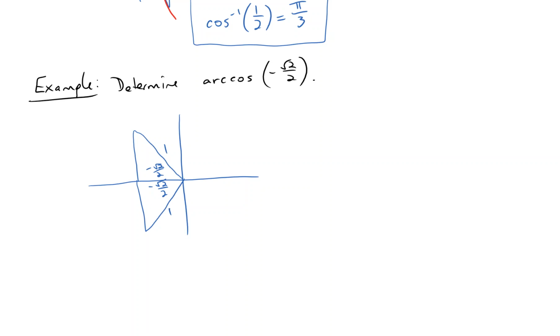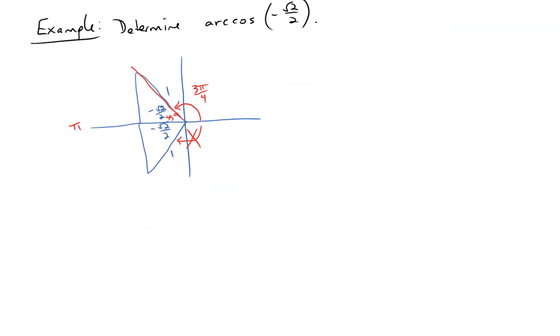Okay, so we need to pick which one has the least amount of rotation, this or this. Well, they have the same rotation, so we're going to choose the positive rotation instead. And hopefully you recognize this is a 45, 45, 90. So we've got a 45 degree reference angle, which means that this angle is 3pi/4 because we're pi/4 short of reaching pi.